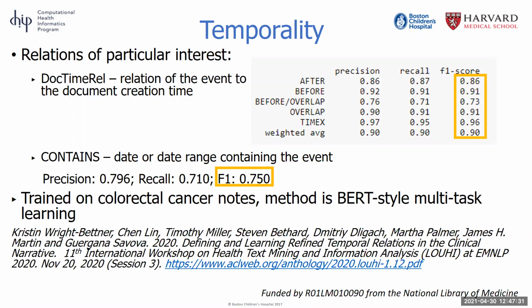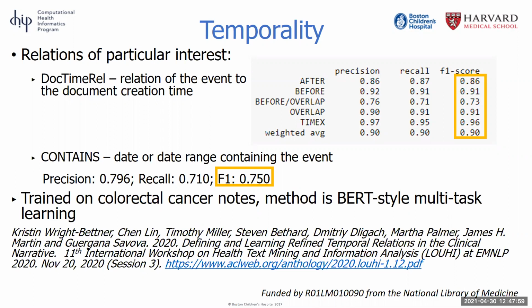Contains is the most frequent relation in the clinical notes. We have found that through the annotations of many clinical notes, and it's by far the one that is represented very, very frequently within the clinical text.